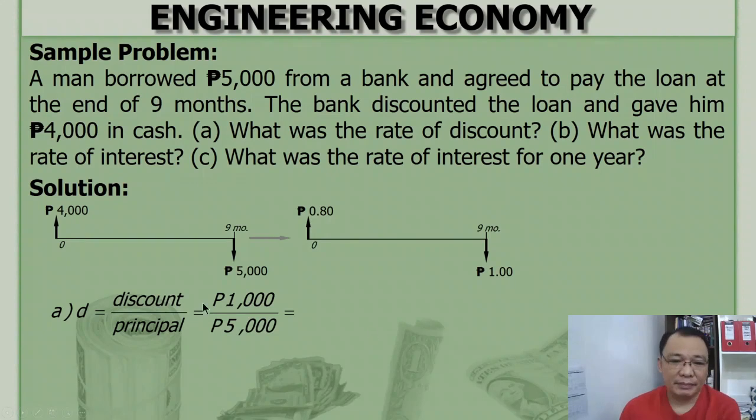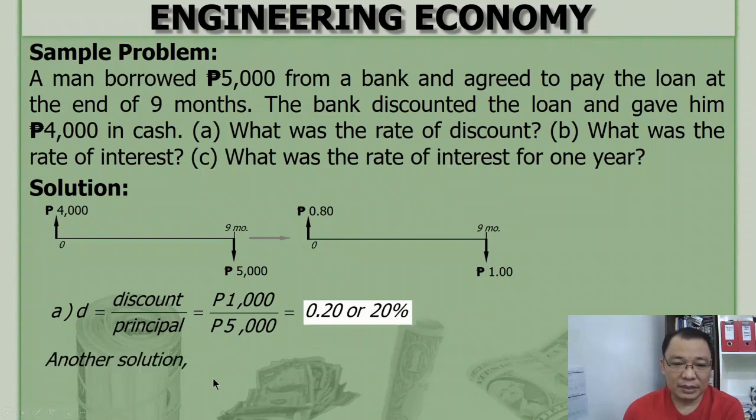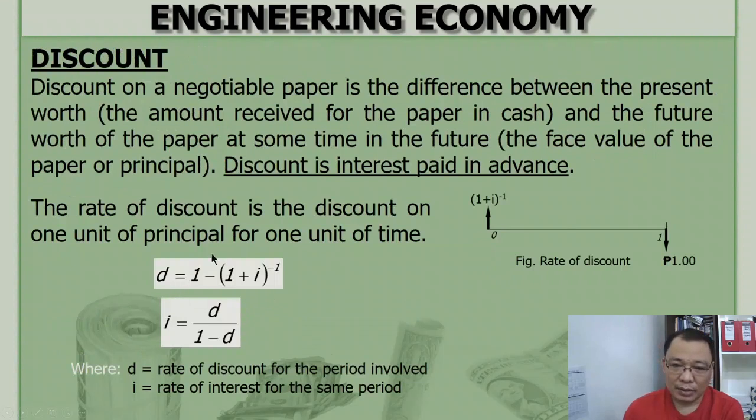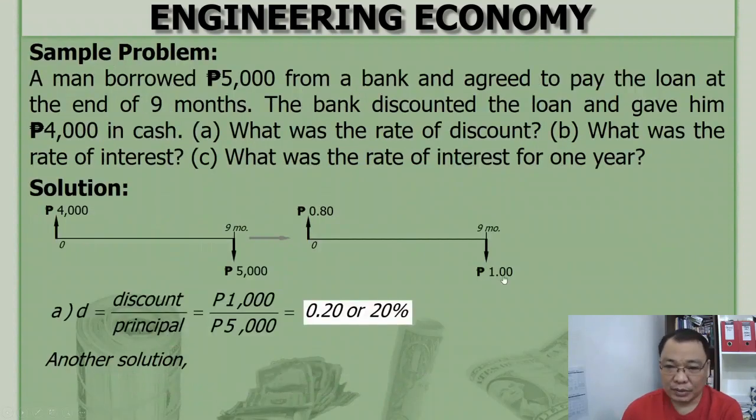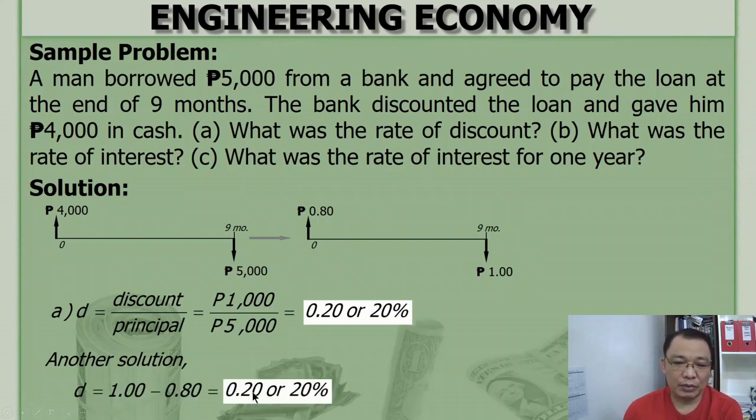So, the discount is 1,000 divided by 5,000, that's 0.2 or 20%. Another solution is the discount: future worth minus present worth. Future minus present. So, 1 peso minus 0.8, that's 0.2 or 20%.